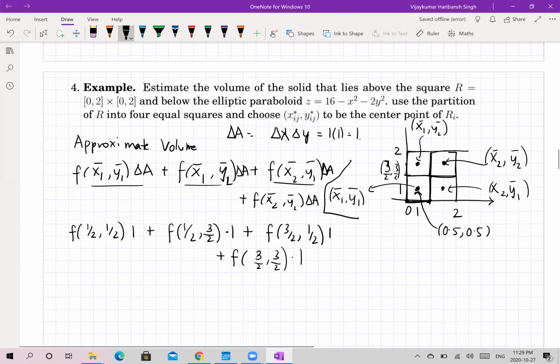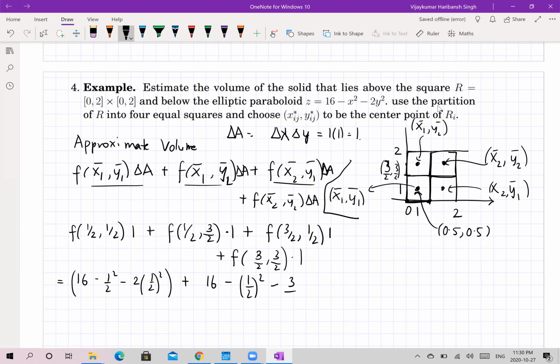And if you simplify this, this is going to be 16 times half square minus 2 times half square plus 16 minus half square minus 3 by 2 square plus 16 times 16 minus 3 by 2 square.